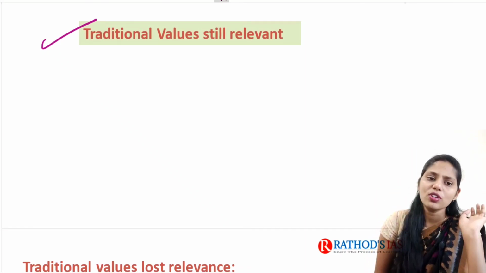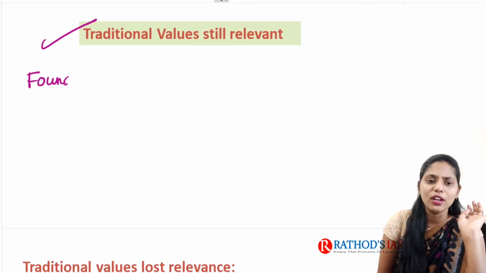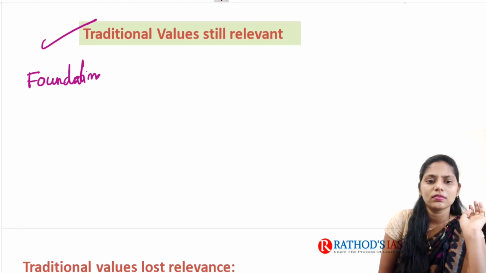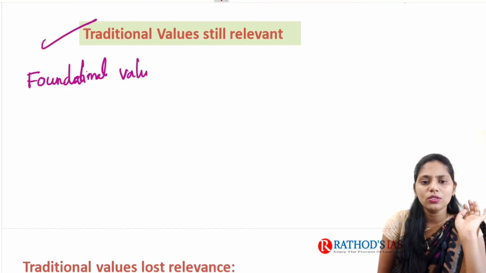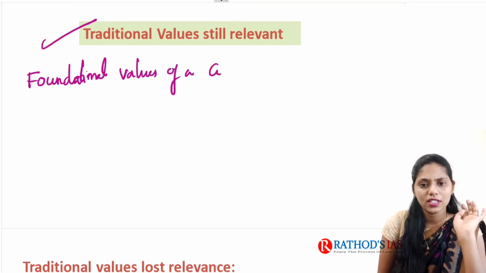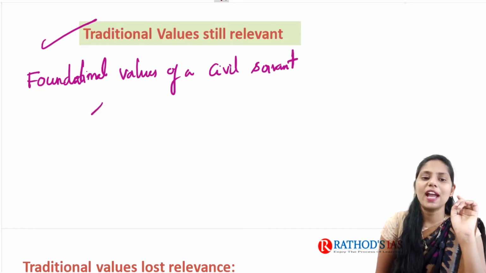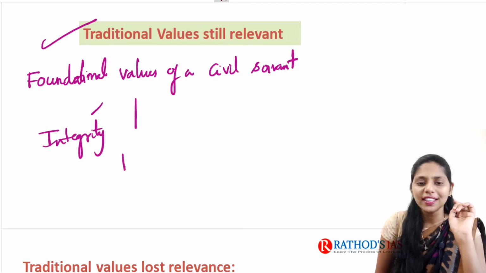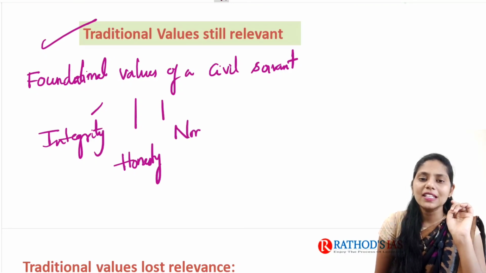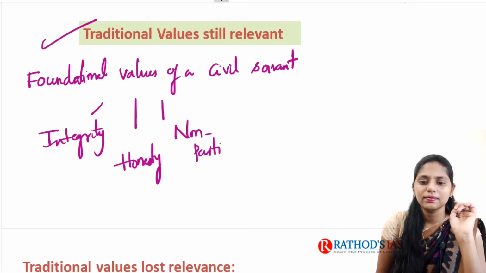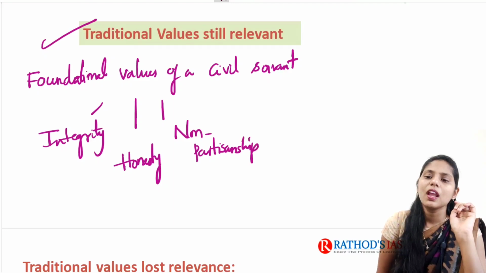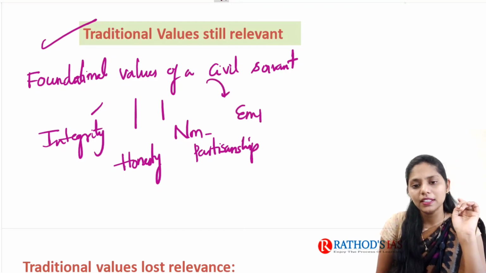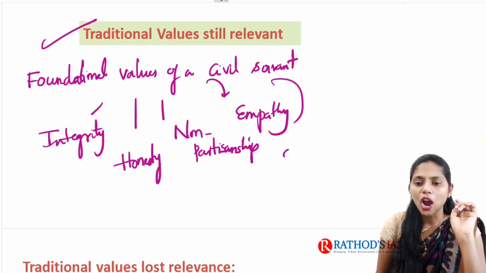Yes, we already studied some values in our foundational values of a civil servant. There we discussed some values like integrity, honesty, non-partisanship, and I also talked about empathy, objectivity.